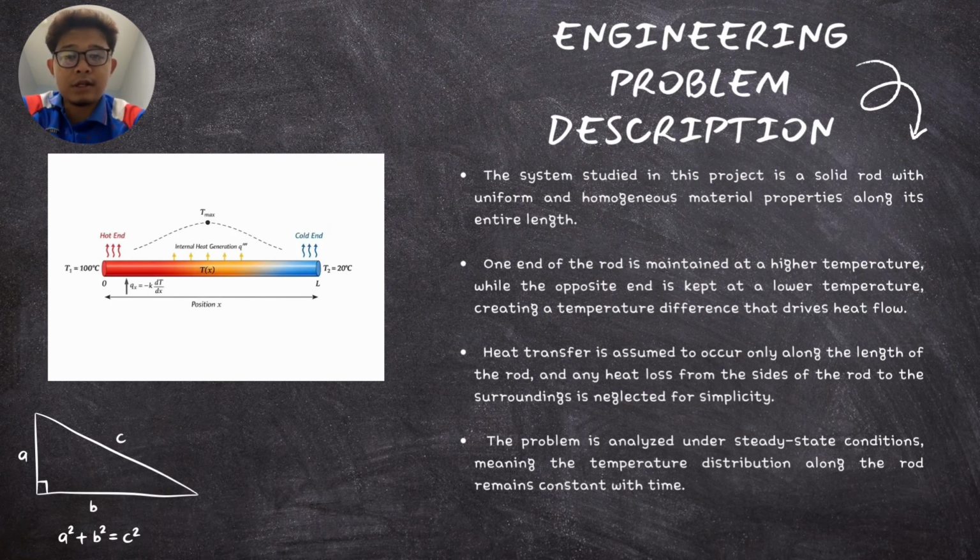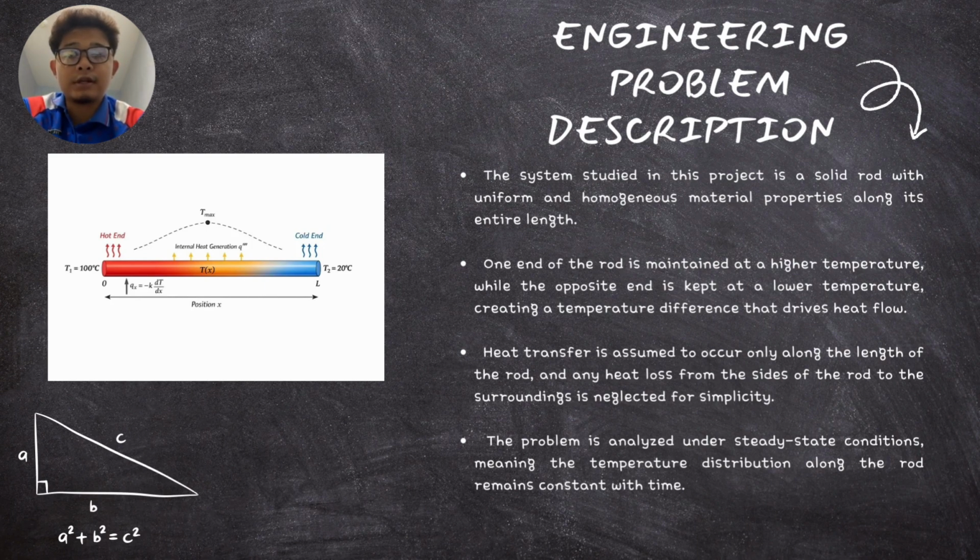First, the system studied in this project is a solid rod with uniform and homogeneous material properties along its entire length. One end of the rod is maintained at a higher temperature, while the opposite end is kept at a lower temperature, creating a temperature difference that drives heat flow.